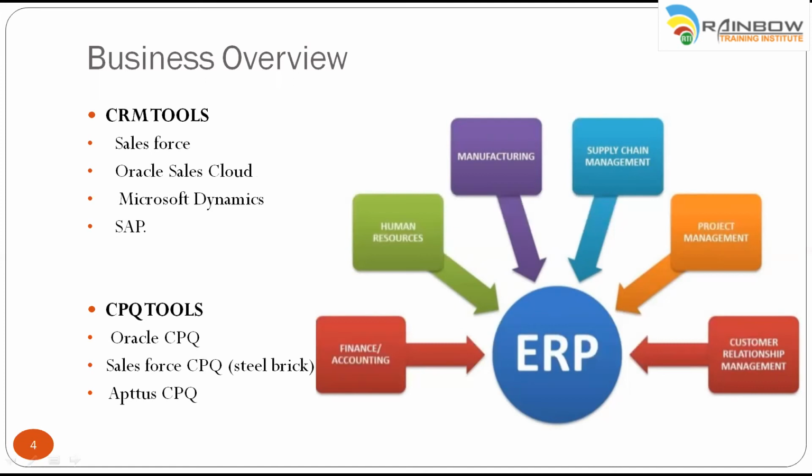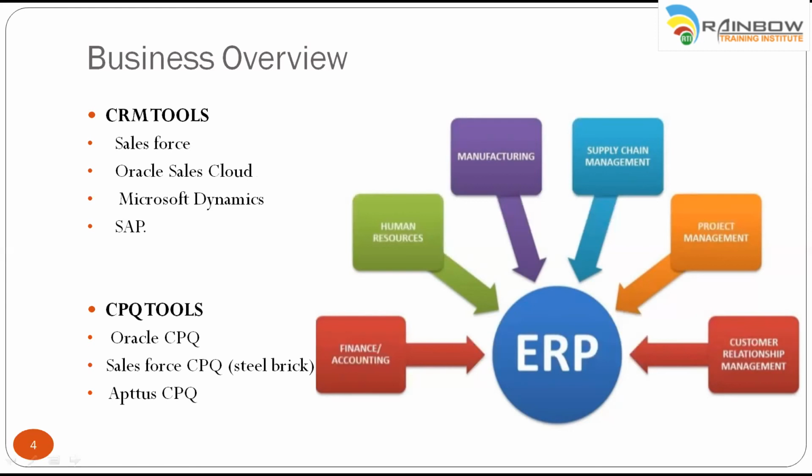Similarly, after placing the order, the supply chain management has to know whether the order is placed or not. They need to get details from the CRM department. Similarly, all these departments, all these categories, are called the ERP tools. So where our CPQ fits in this ERP is under the CRM, because our CPQ is a completely configuration tool.